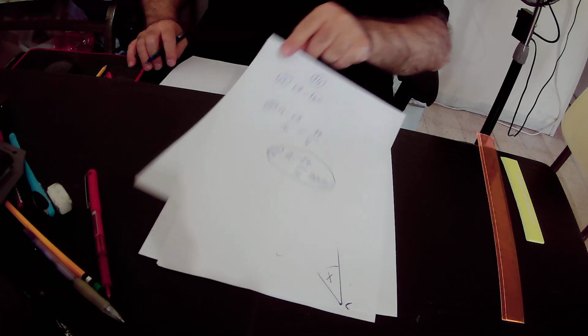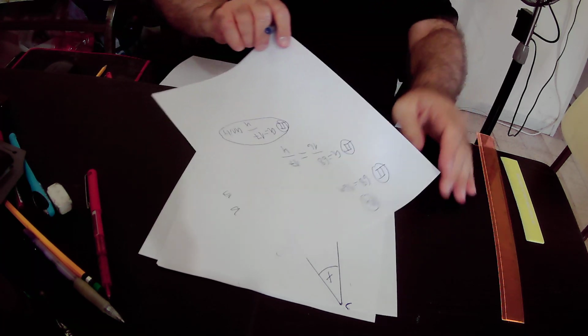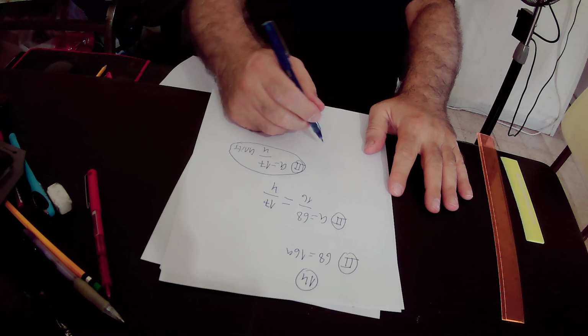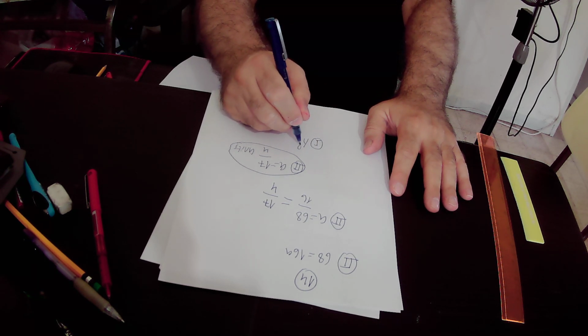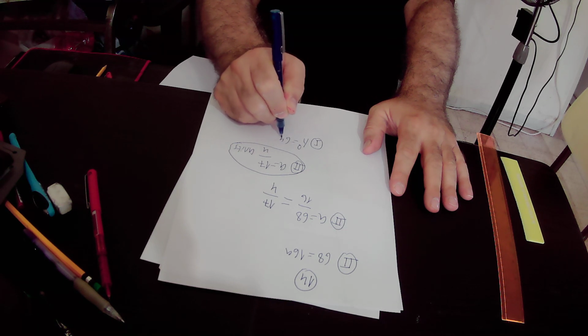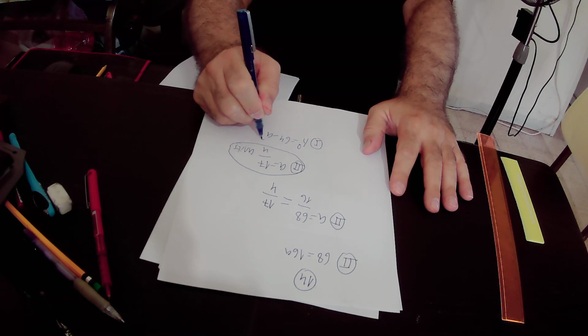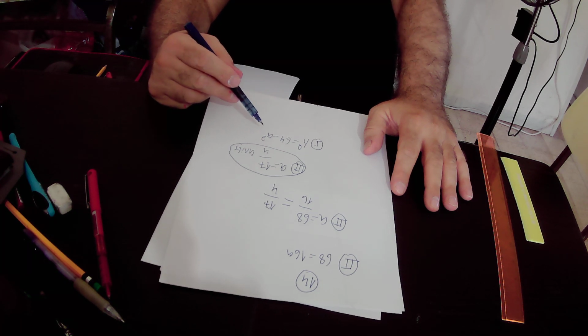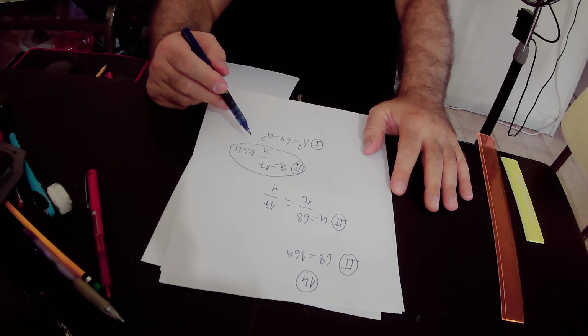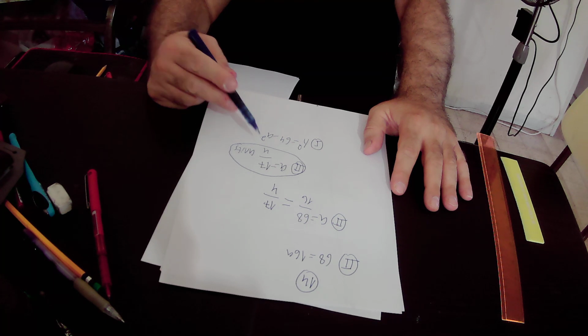But we have equation number 1 that states that h squared equals 64 minus a squared. So we can substitute a squared by (17 over 4) squared.